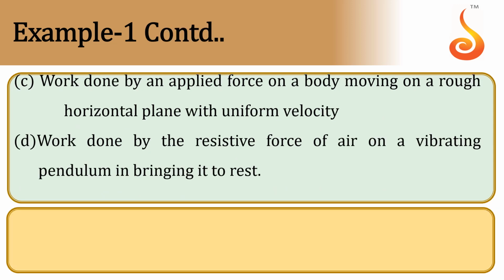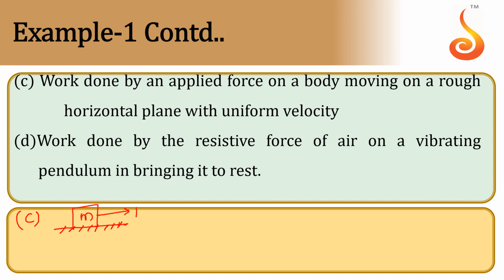Option C. Work done by an applied force on a body moving on a rough horizontal plane with uniform velocity. So for option C, there was a body of mass m placed on a rough horizontal plane.